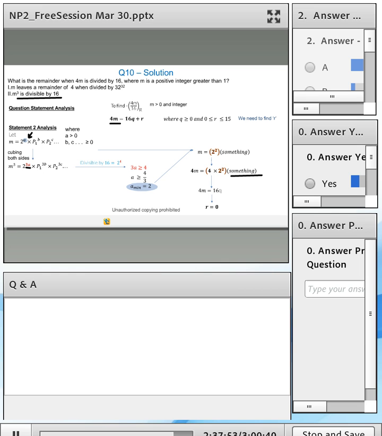And that's what we did over here. Because the divisibility was given by 16, you know that 16 is 2 to the power 4, and that's the principle that we are utilizing over here, and we are applying the process from that standpoint.